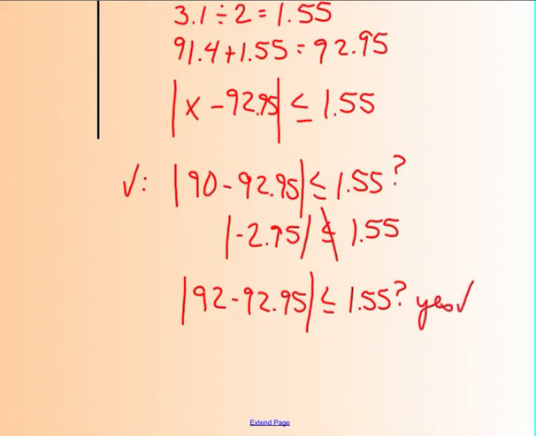So far, so good. And let's pick a distance like 95 million, where we know the Earth was never that far. And when we subtract, we get a little over 2, but that's still bigger than the 1.55. But this checks as well because we didn't want it to work.